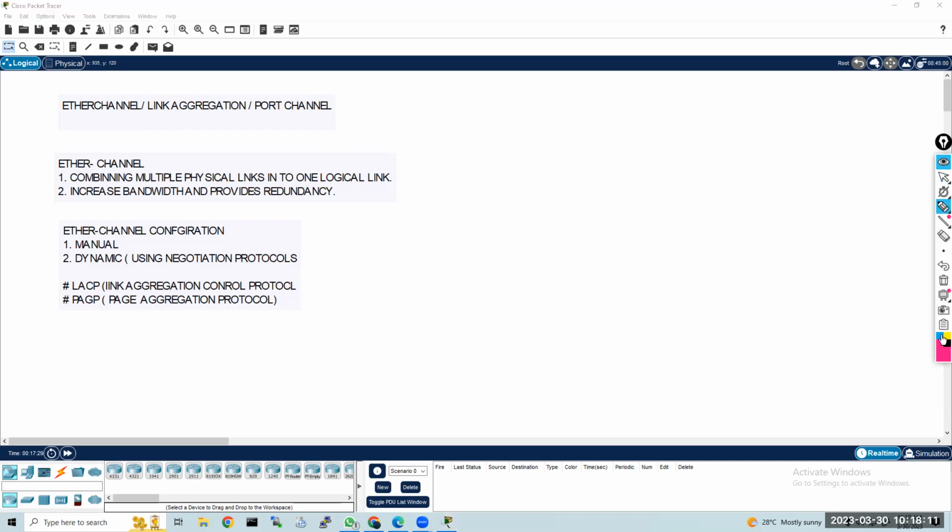So Ether channel, what are we going to do here? For example, these are my two switches that have been connected.